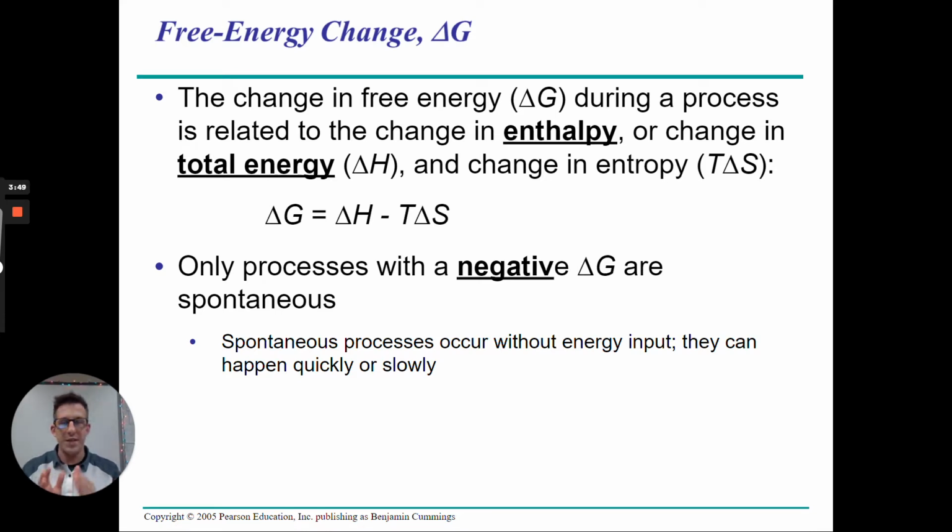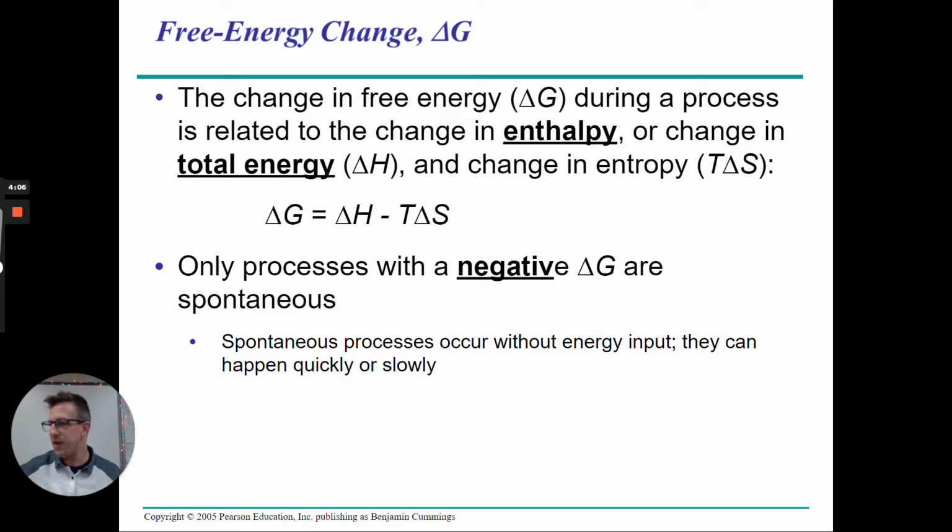Spontaneous processes will, generally speaking, release energy, and that energy that is released can be harnessed and used for cellular work.